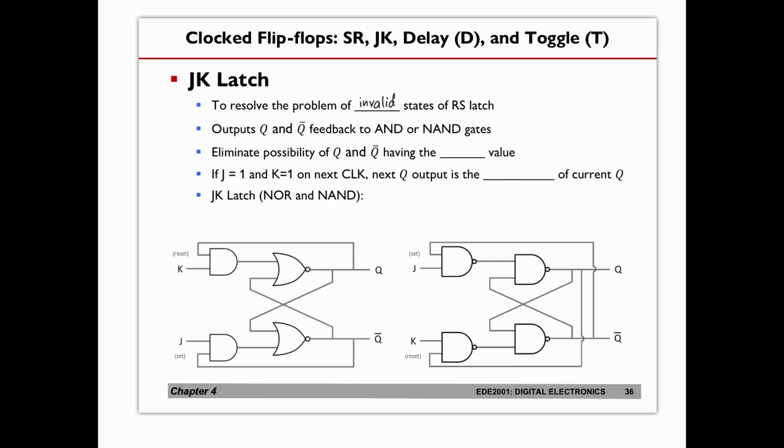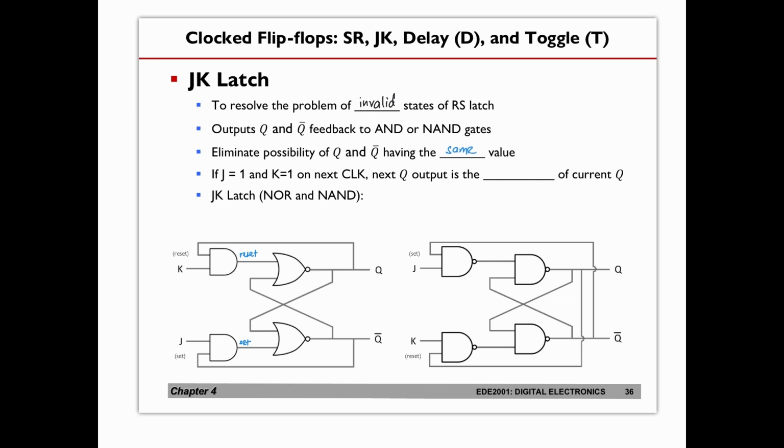So what does a JK latch do? It is going to eliminate the possibility of Q and Q bar having the same value.